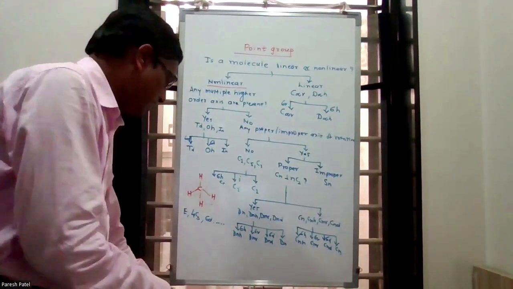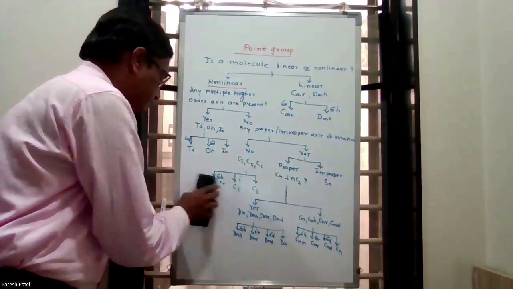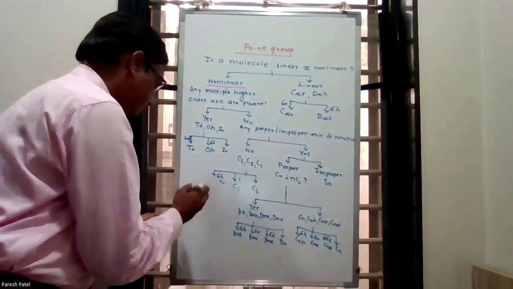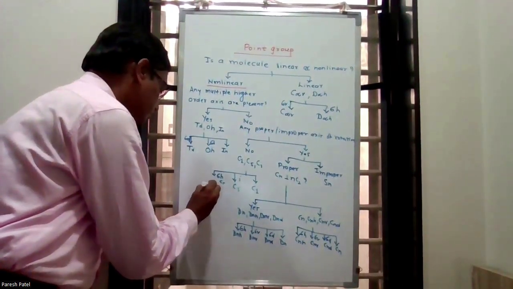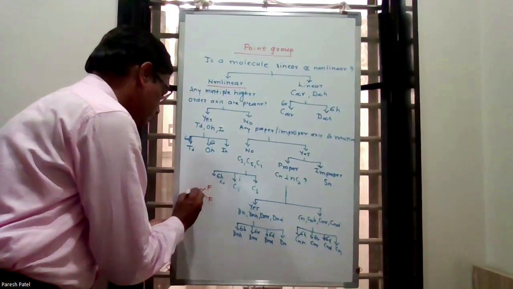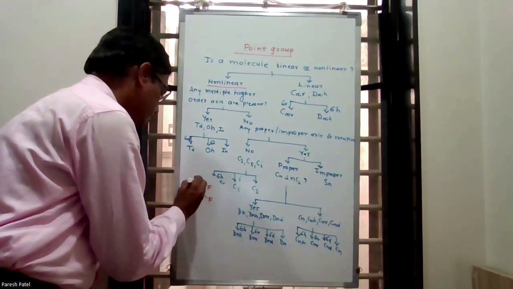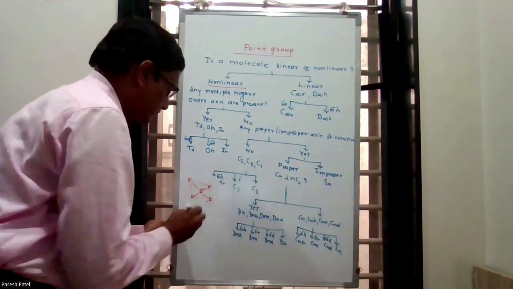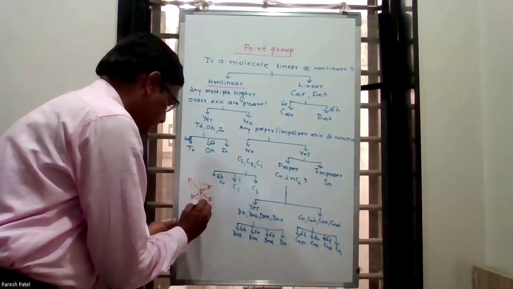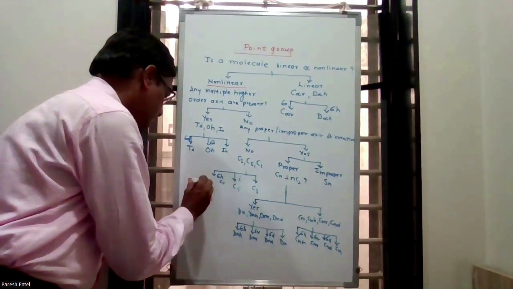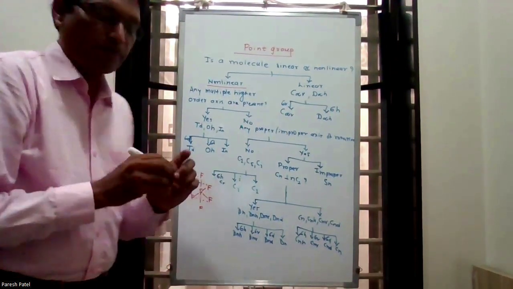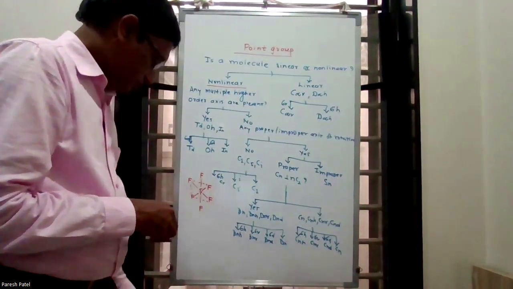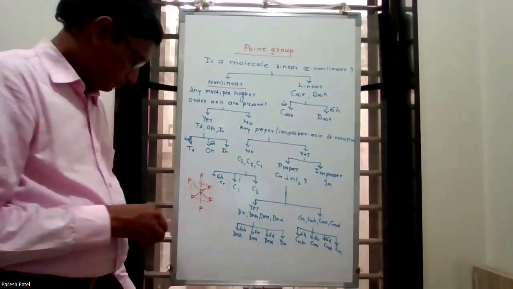Another example is SF6 molecule. Now the shape of the SF6 molecule is octahedral.